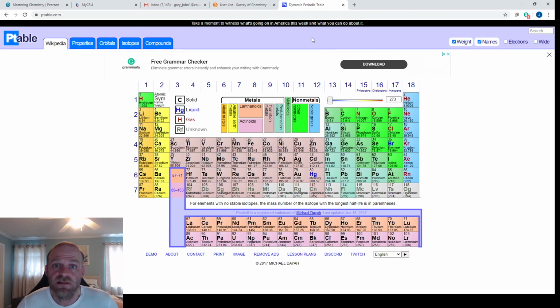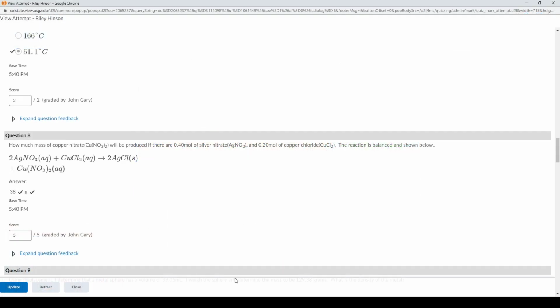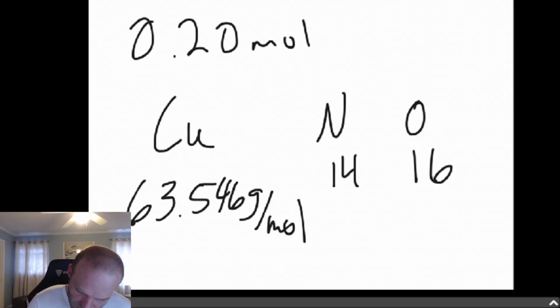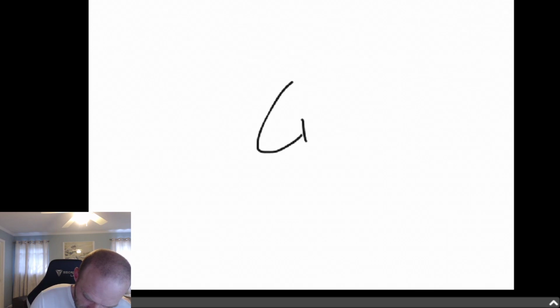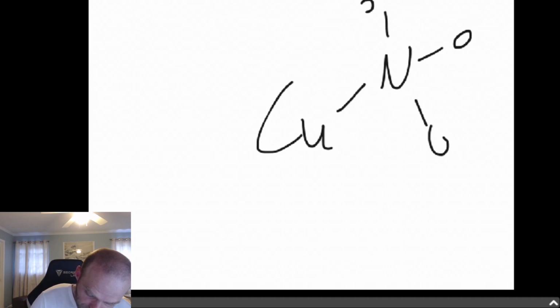All right, so let's go back to our equation. All right, so notice here that I have an exponent 2 behind the nitrate. That means there's 2 full nitrates on there. So what that actually looks like is this. I have a copper, I have a nitrate over here, and I have a nitrate over here. Well, let's clear that. Let's just say it's like this.